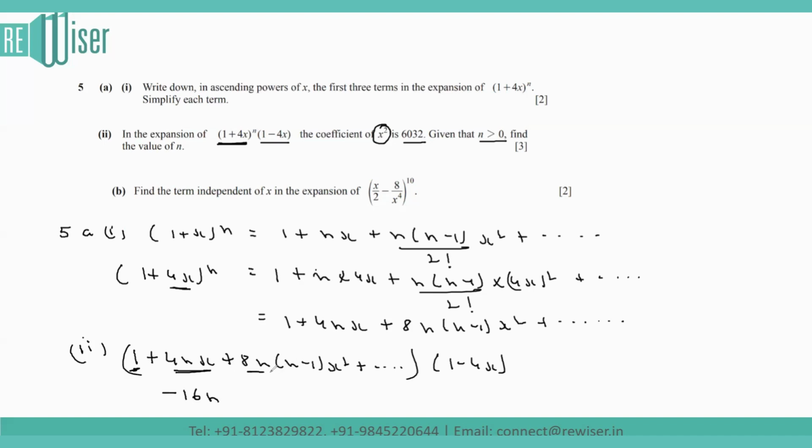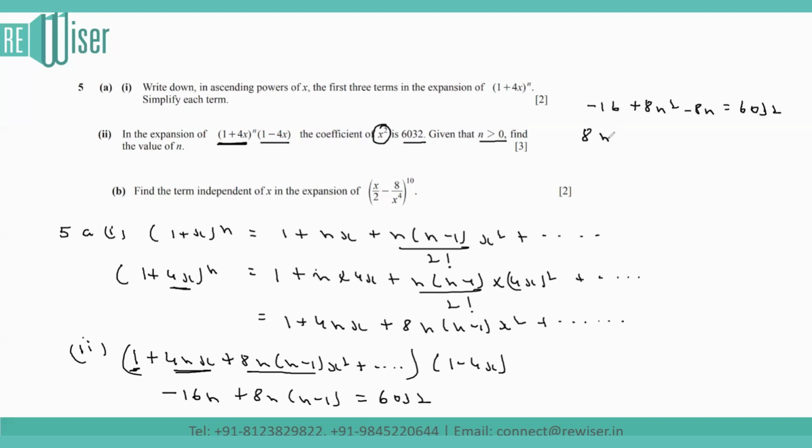Now, this whole 8n(n - 1) should be multiplied with 1 to get the coefficient of x². So that means it becomes plus 8n(n - 1). That's the entire coefficient we got for x². So that should be equal to 6032, which they have given in the problem. So I can write -16n + 8n² - 8n, and that should be equal to 6032.